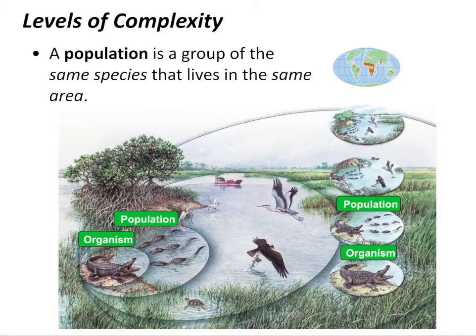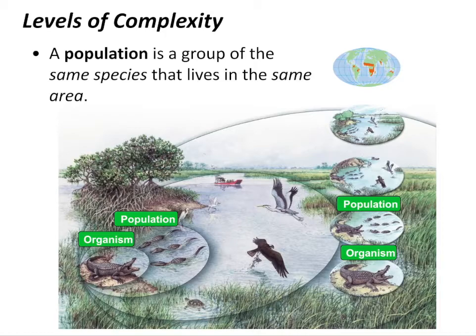And when we're looking at ecology here, the same area could be something very, very small, like one rotting log, or it could be something huge, like a continent. So as we're looking at this, talking about a population, it has to be individuals that have some interaction with each other, but they can be at vastly different scales.